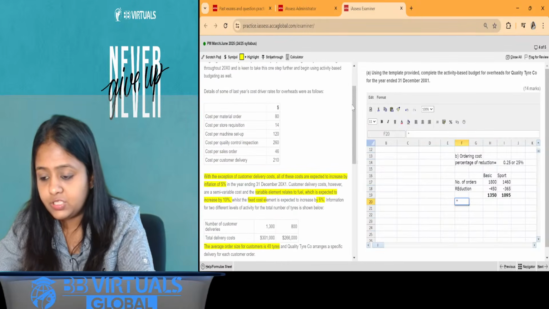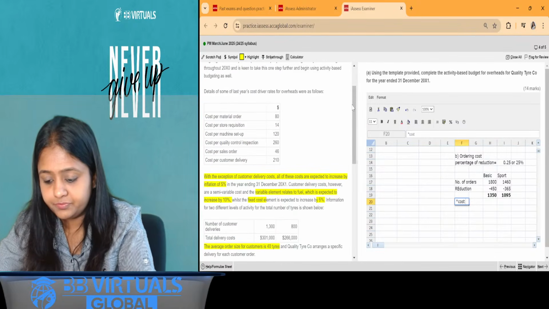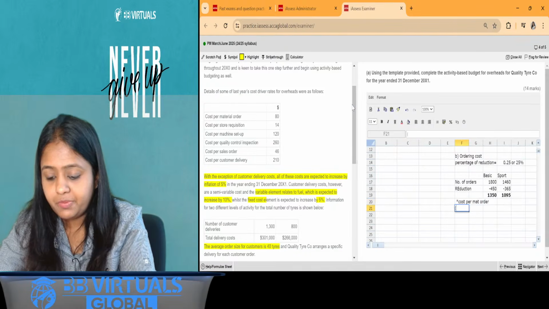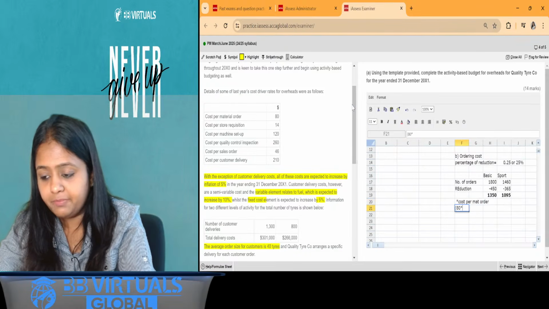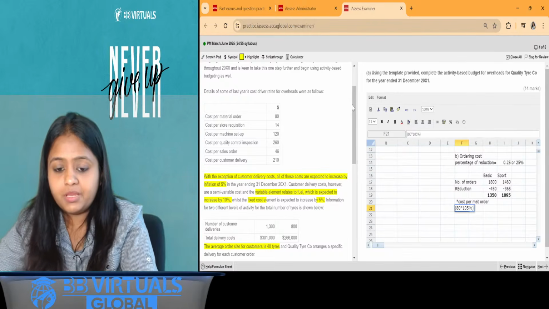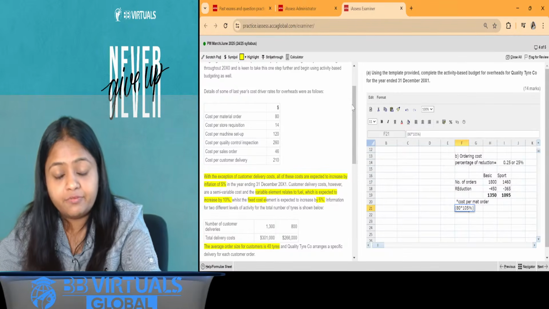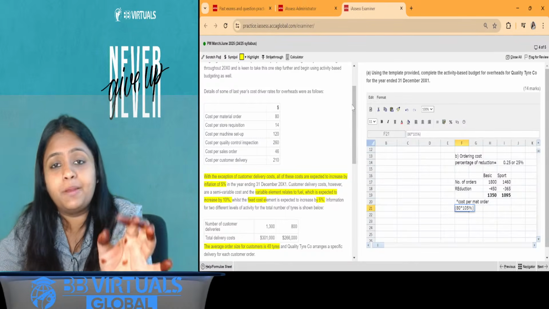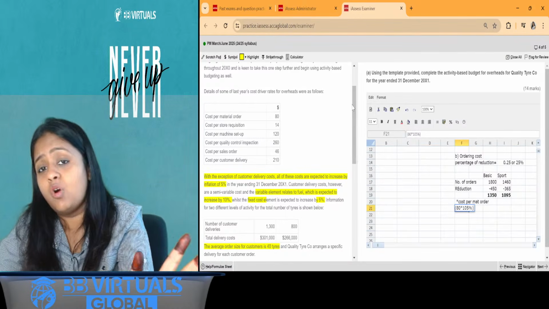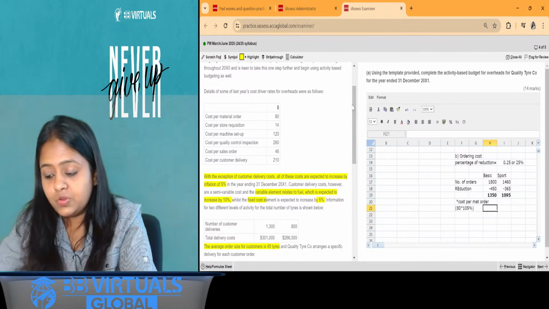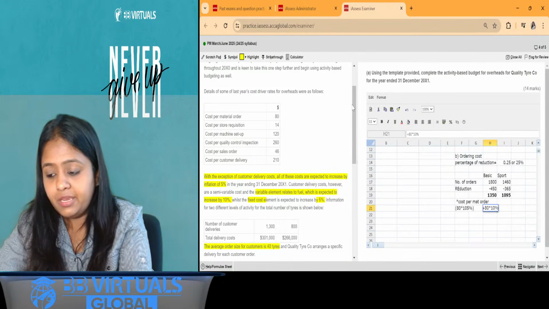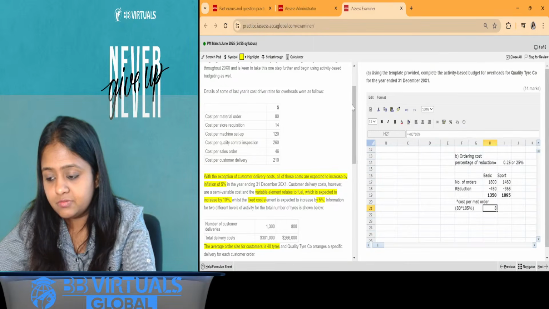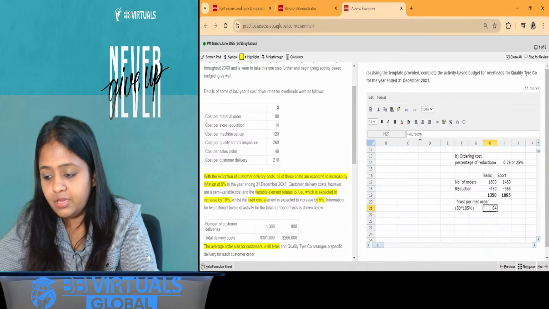So here, cost per material order will be 80 multiplied by 105%, because except for cost per customer delivery, everything else will be multiplied by 105% as it is all becoming expensive. So here you take 80 multiplied by 105%, and copy this.